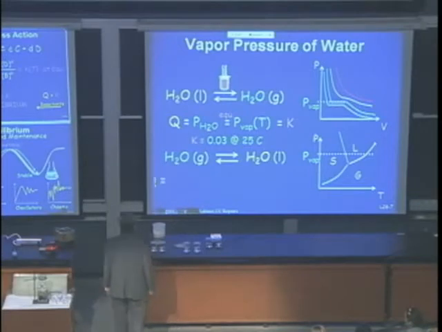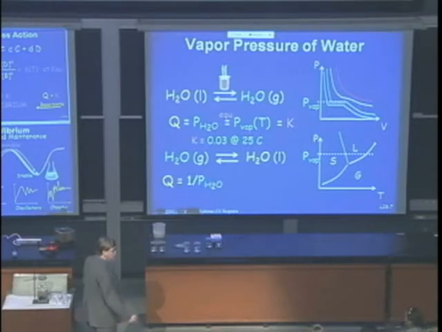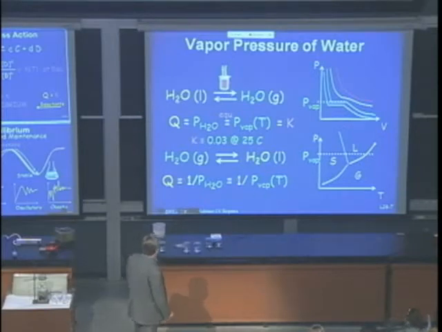I could define a new Q. What would that new Q be? One over P. This divided by this would be 1 over P, where 1 is this here, which we set as 1, and this is 1 over the vapor pressure at that temperature.